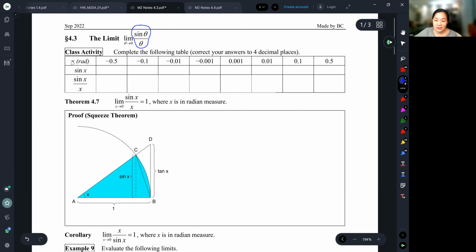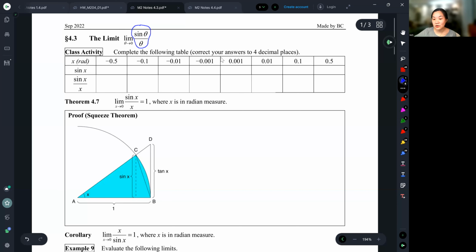Now here x must be the value that is in radian measure. Now we do not use degree. Using degree will not work. Must be radian. So these angles are negative 0.5 radian, negative 0.1 radian, and negative 0.01 radian.